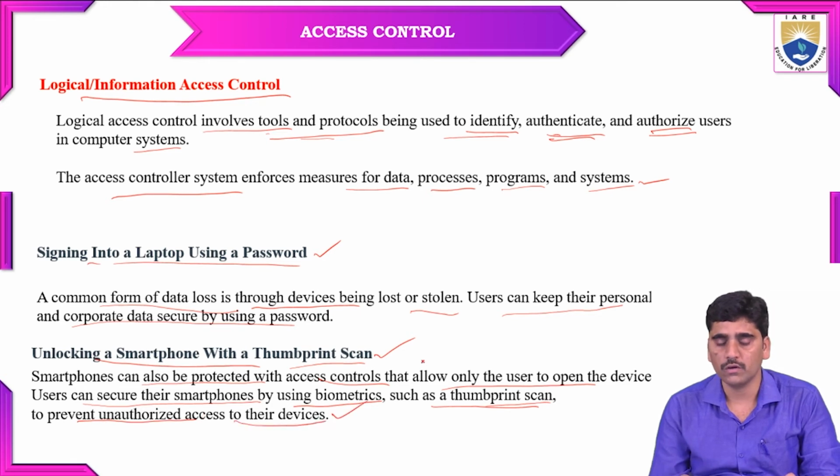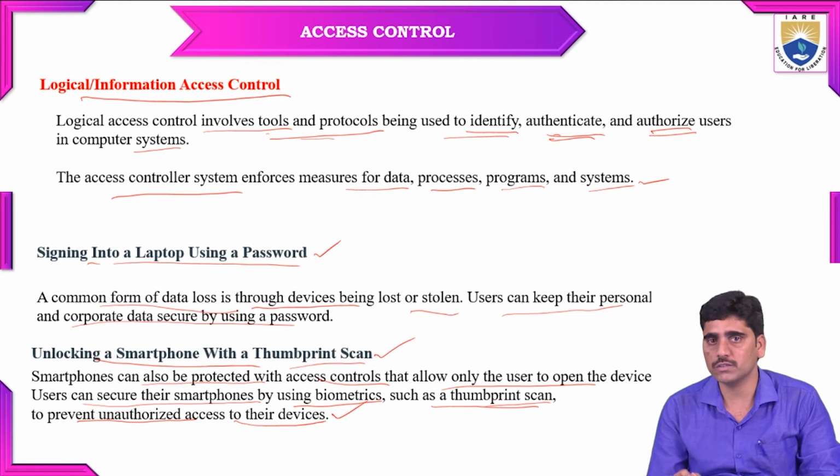If you provide a thumbprint scan, no other user can log into the system or access that mobile, because thumbprints are different for all users; no one has the same thumbprint. This is how we provide a security mechanism to protect our mobile as well.